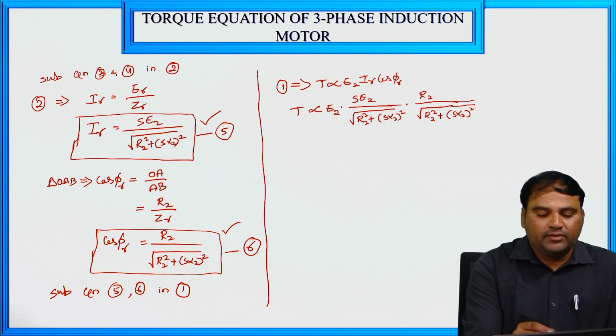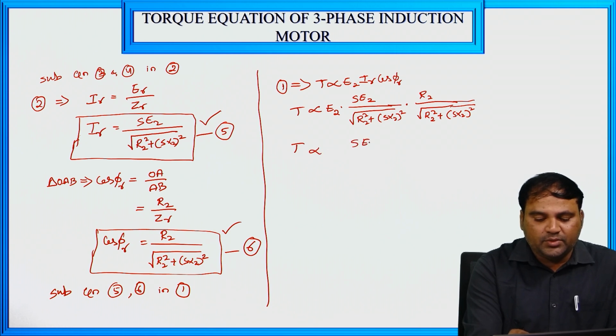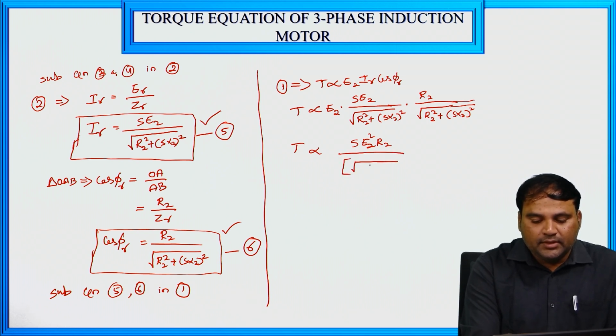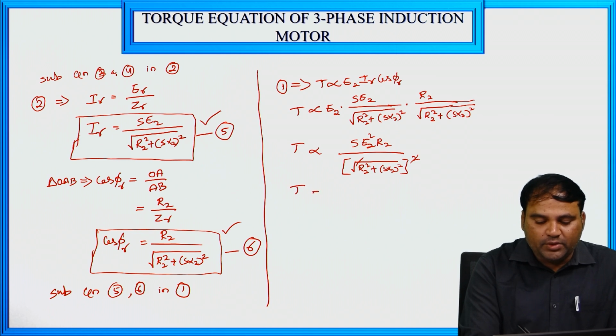Right? Now by using this, T is directly proportional to S into E2 square R2 divided by under root of R2 square plus S X2 whole square, again squared, so the square root gets cancelled. Then T equals some constant K into S E2 square R2 divided by R2 square plus S X2 whole square.